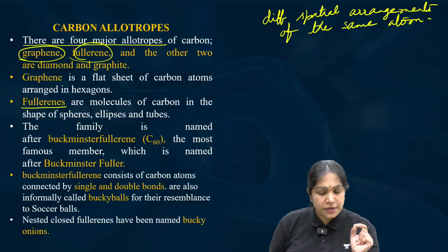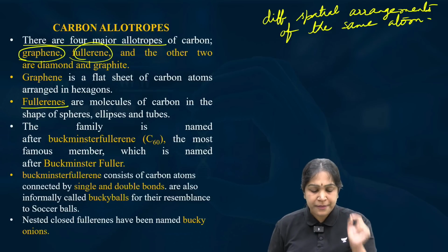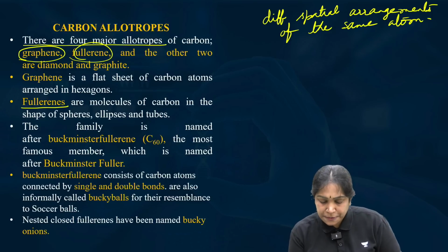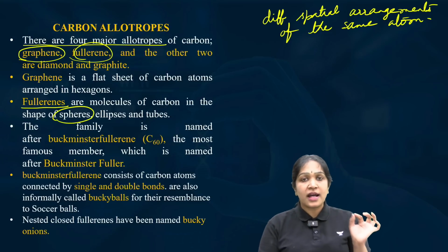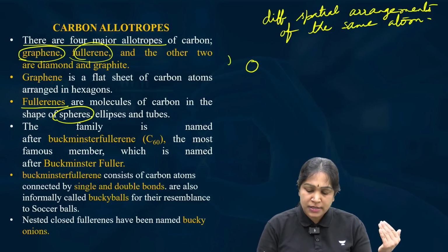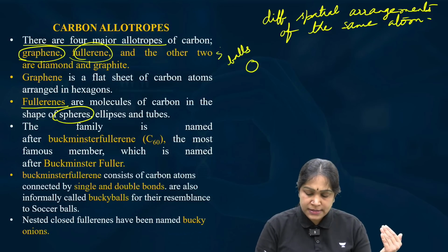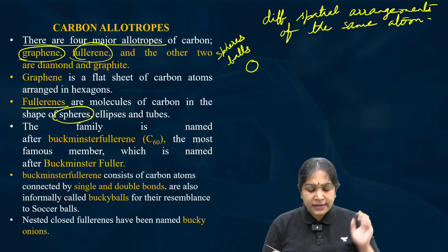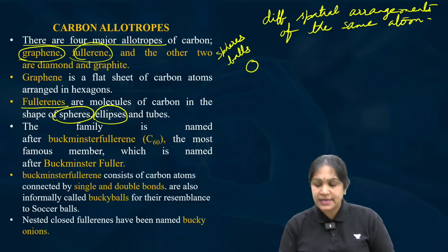These are molecules of carbon in the shape of spheres. It means the carbon atoms are arranged like balls or spheres, or they are arranged as ellipses.